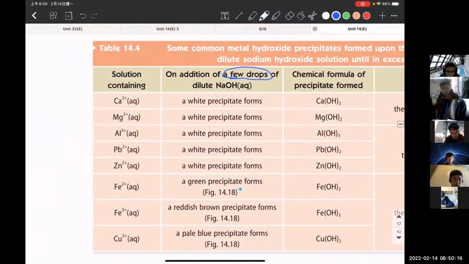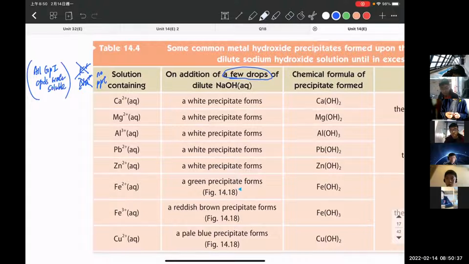Those commonly found ions, so we find sodium ion, potassium ion, no precipitate, because as I said before, all group 1 compounds are water soluble.